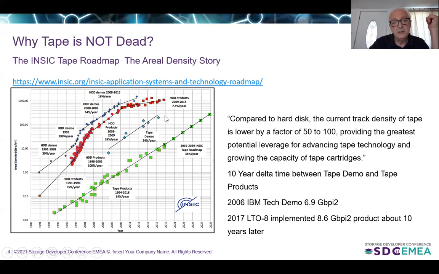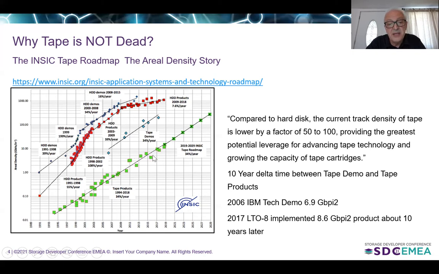If you look at the blue diamonds, these are the tape demos. It's a line that is parallel to the green dots, this 34% per year tape product line, which basically means a given tape technology in about 10 years finds its home in tape products. One perfect example of this is this data point here in 2006. There was a tape technology areal density demo done by IBM, 6.9 gigabit per square inch.